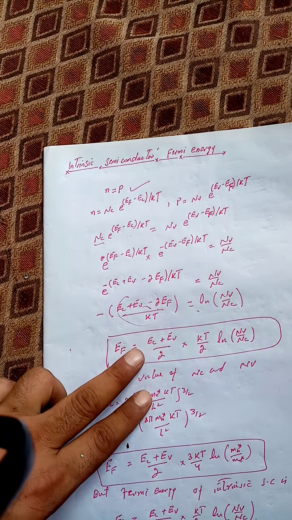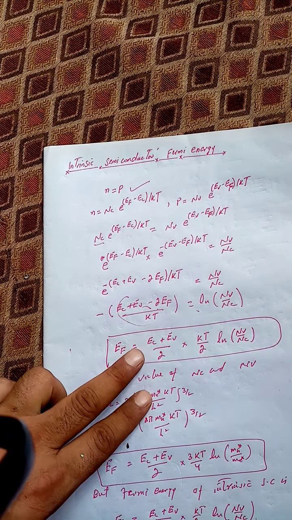This is the Fermi energy in terms of the effective density of states, and this is the Fermi energy in terms of effective masses of electron and hole.